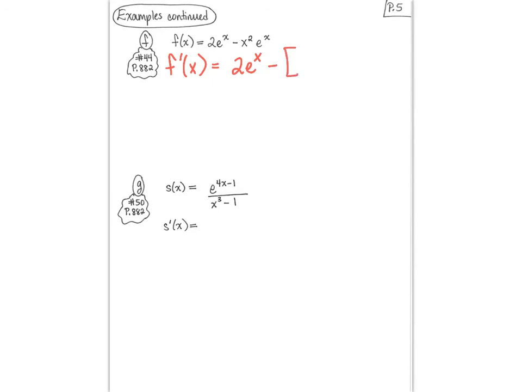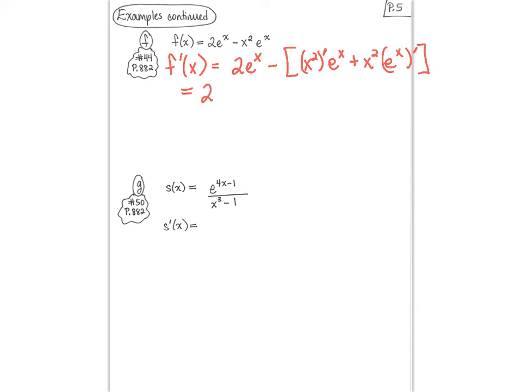So you would have x squared prime times e to the x. Remember, you differentiate one, fix the other, and then you add to that the one you differentiated before, you now have to fix, and then you multiply by the derivative of the other. Now I'm just writing this step in to remind you of what the product rule is.